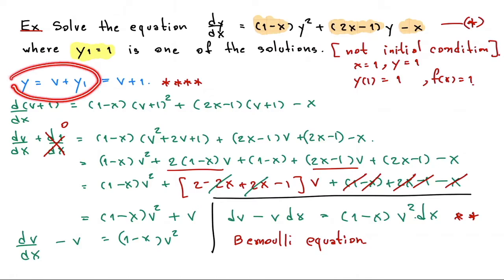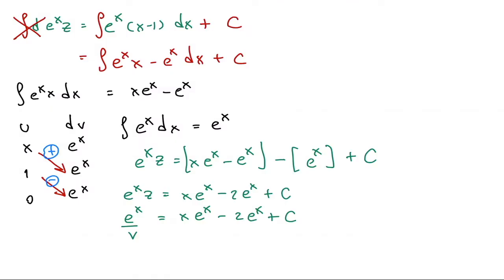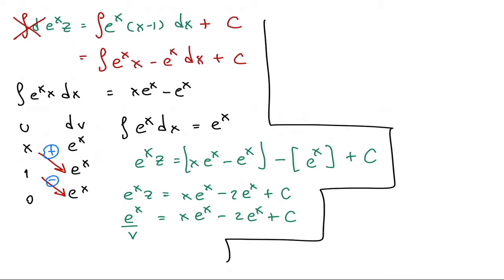So we need to get v first. And we have that v is actually e to the x divided by x e to the x minus 2e to the x plus c. Right? Okay. And our y is actually v plus 1.